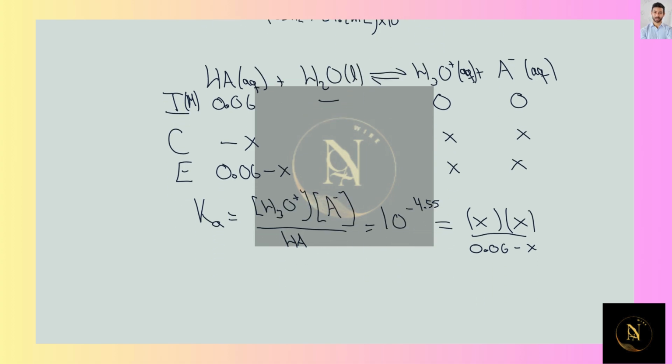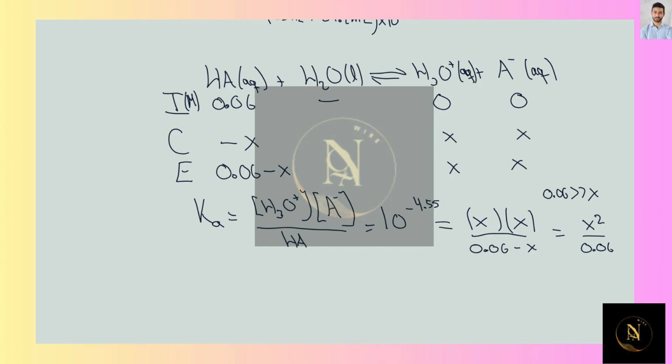Now, we are going to make the same approximation as we did before. That means considering that 0.06 is much larger than x. So this equation becomes x squared divided by 0.06.